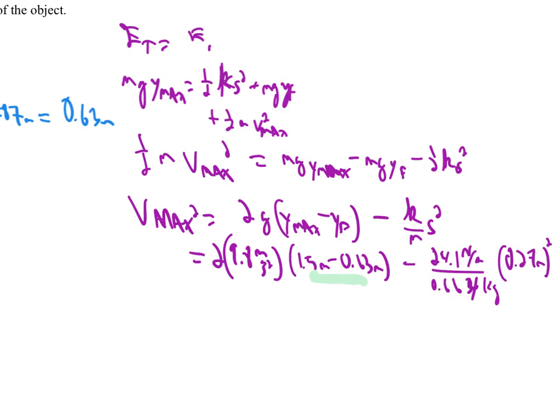This, of course, is just 0.87, and I didn't really ever need to find that, but there we go. So v max squared becomes 14.4 meters squared per second squared, and therefore v max is just the square root of that, which is 3.8 at this point. So something like that. We get a max speed of 3.8 meters per second.